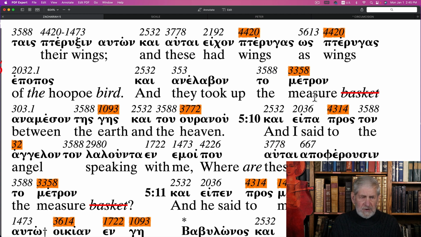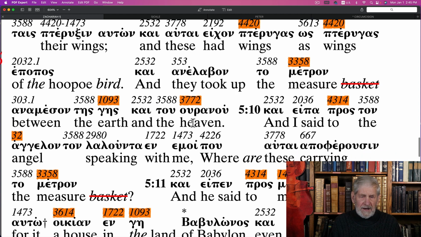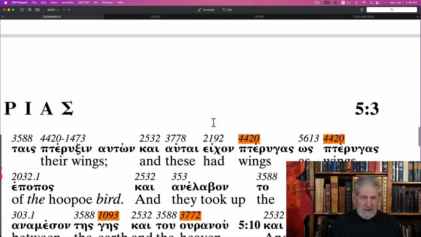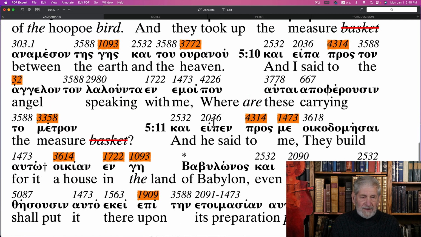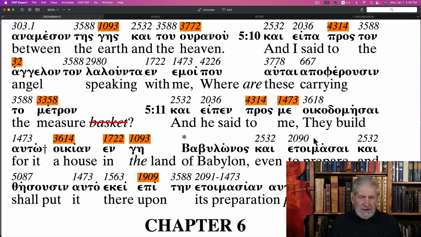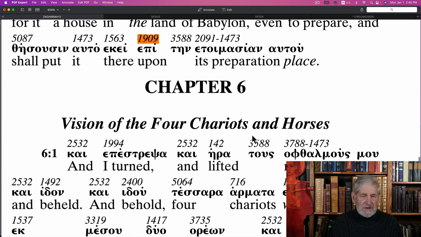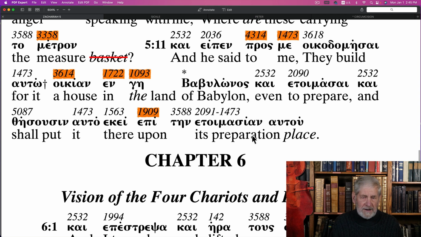And they took up the measure between the earth and the heaven. So off it goes up. And I said to the angel, so he was an angel, not God, speaking with me. Where I said he before, well, some back there. And he said to me, they build for it a house in the land of Babylon, even to prepare, and shall put it there upon its preparation place.